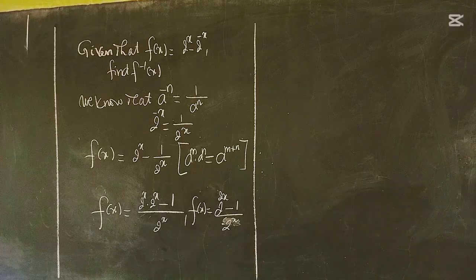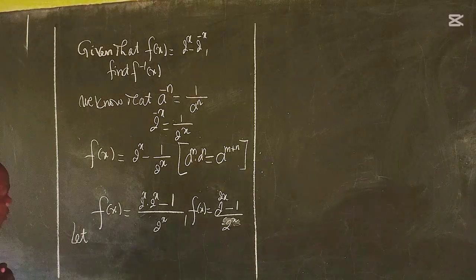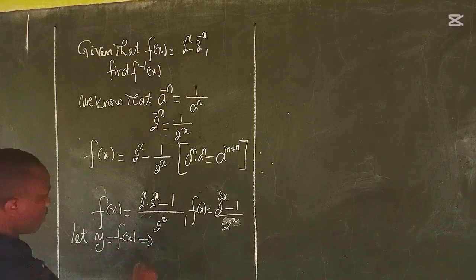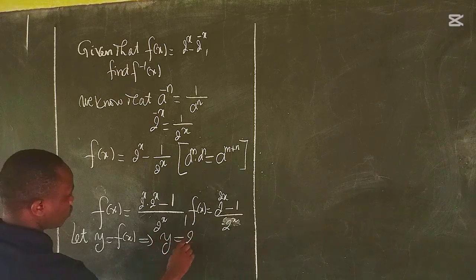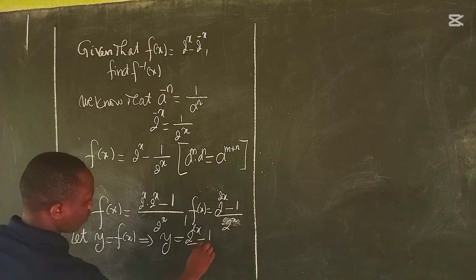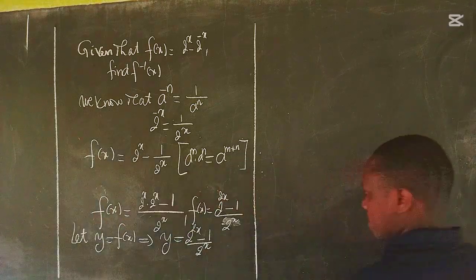What you have to do is to make x the subject of y. We need to find x in terms of y. Here, let y be f of x. This means y is equal to 2 power 2x minus 1 over 2 power x.